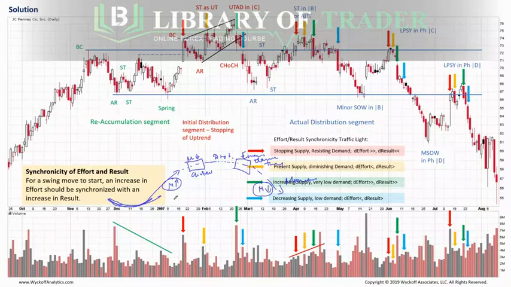Eric is saying here, I'm thinking of a spacecraft with a thruster for after demand and a thruster for supply. Volume is fuel, result is price movement. This is probably a little bit more complicated, Eric, in terms of how to explain this to people, but I see where you're going with that.